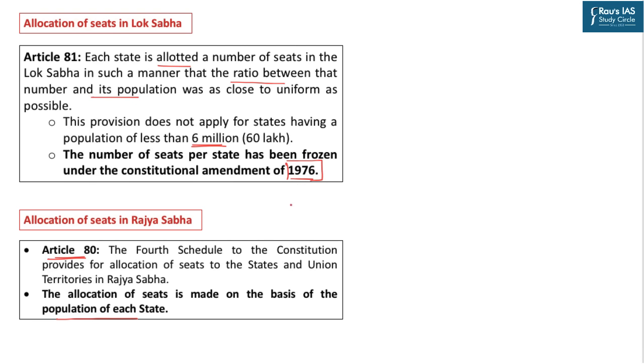So presently, the number of seats reserved in the parliament from states are not proportional to the population of the state. But the crucial principle of electoral democracy, that is one person, one vote or equal value of vote, has been compromised in the larger interest of the nation to have control on population.